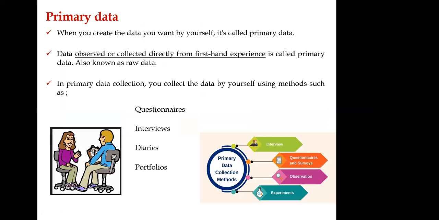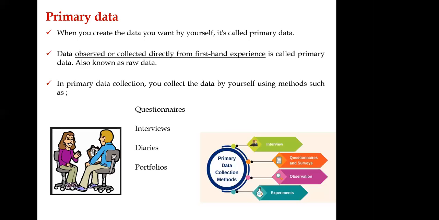The reason is, if you are doing research, some students and researchers collect primary data. What is primary data? Primary data means researchers collect their data as first-hand experience data, for example based on questionnaires.